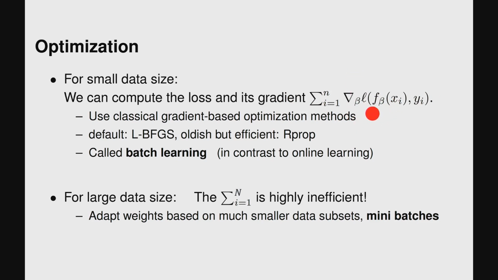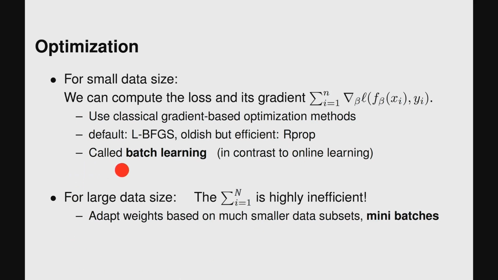With these parameters beta, the function f is defined on the input, and we compare the prediction to the labeled output. Then we just use our gradient-based methods and use all the data from i equals 1 to n at the same time. That's called batch learning. We use the whole batch of data at the same time.